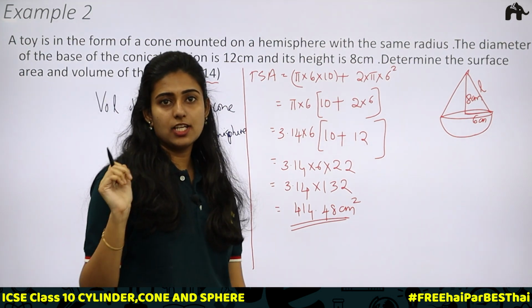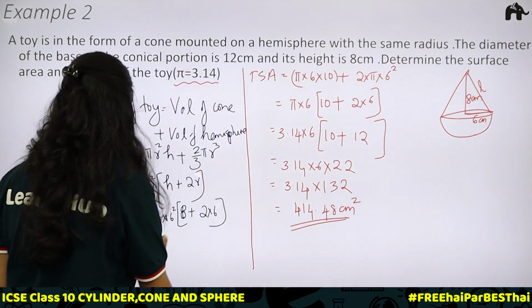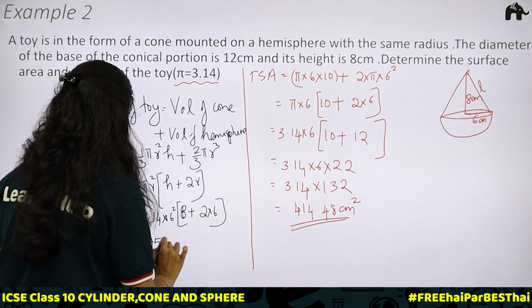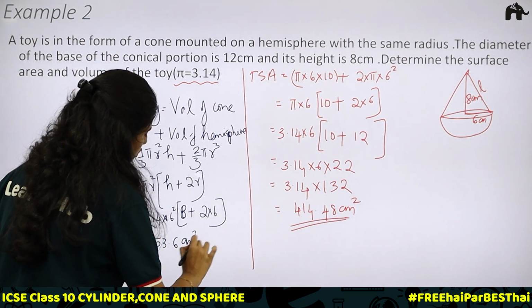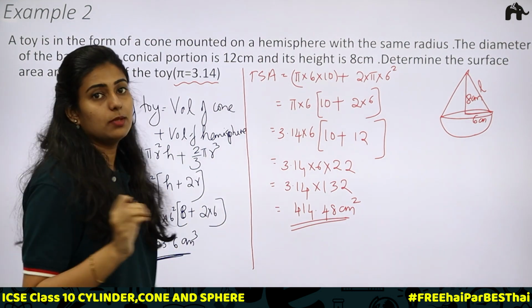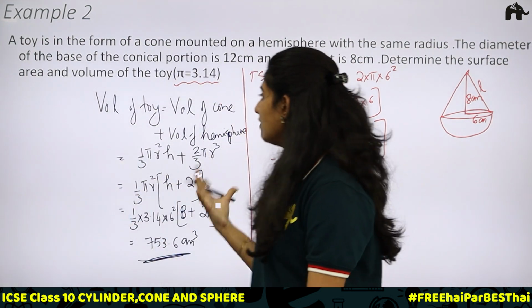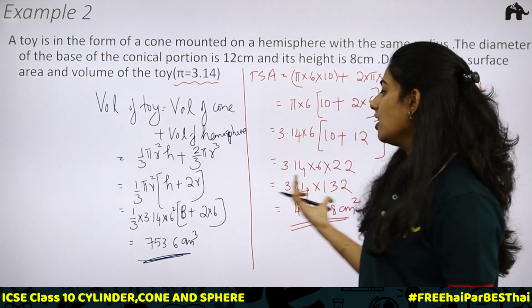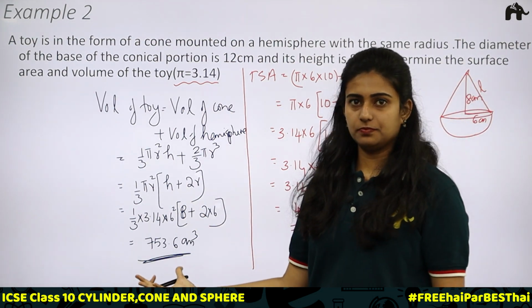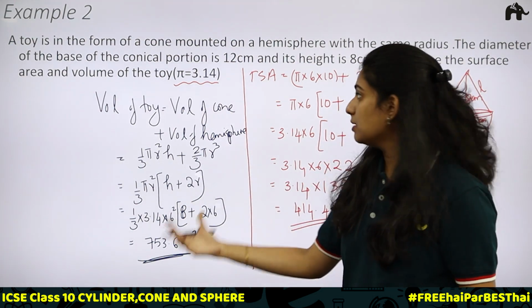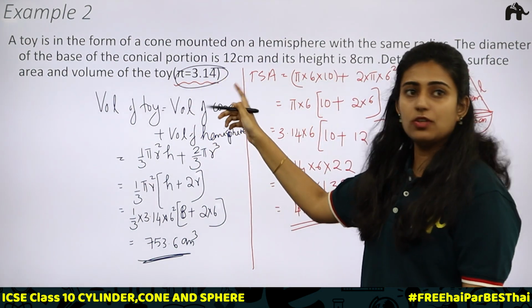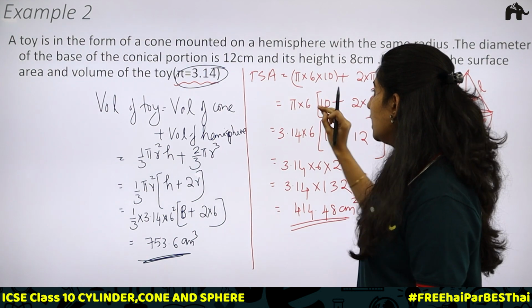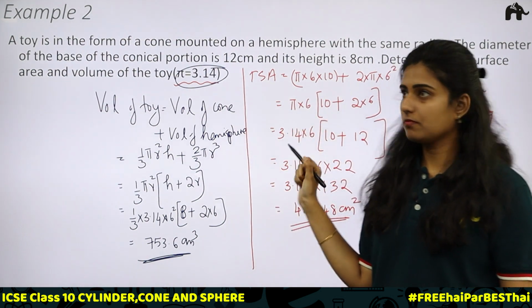When you do this calculation, you will get the final answer 753.6 centimeter cube. So this is a volume, and the unit will be centimeter cube. We have determined the total surface area of toy and the volume of the toy. Remember, if in the question pi value is given, you should use this value only. You cannot use the 22 divided by 7 value.